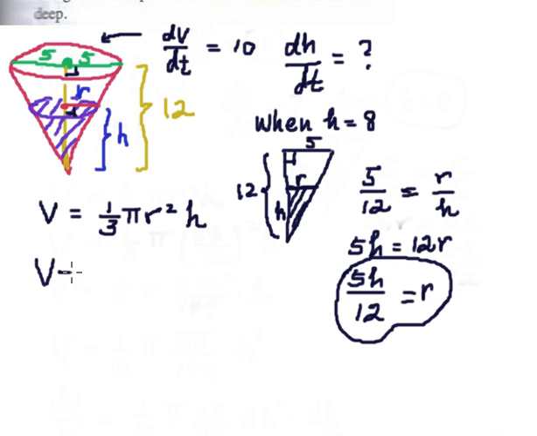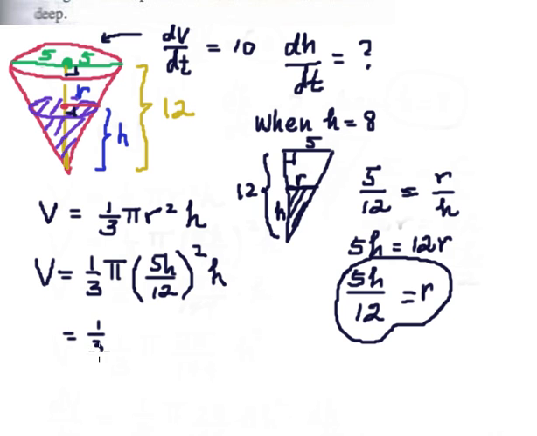Let's rewrite our volume equation and substitute 5h over 12 for r. Let's square this quantity. In the numerator we have 25h squared, and we have 12 squared, or 144, in the denominator.